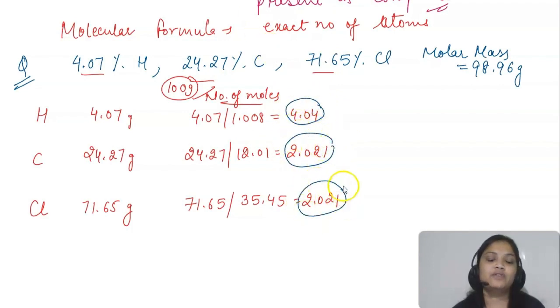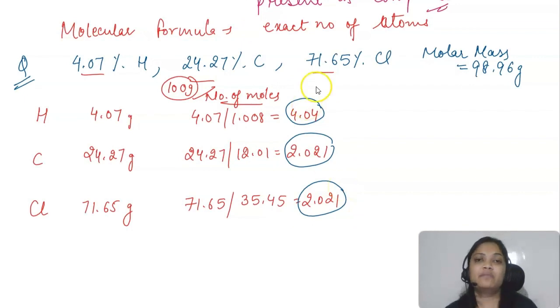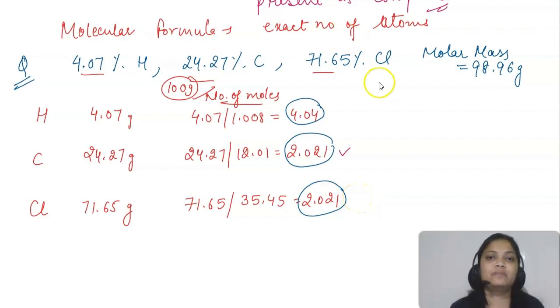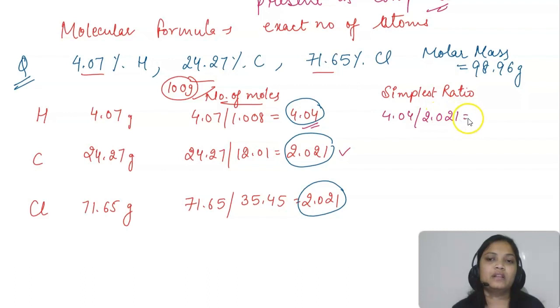Now what you have to do is find the minimum, the smallest value. Out of these, the smallest value is 2.021. In the next step, I need to find out the simplest ratio. How will we find the simplest ratio? By dividing these values by the smallest value. So it will come out to be 2.